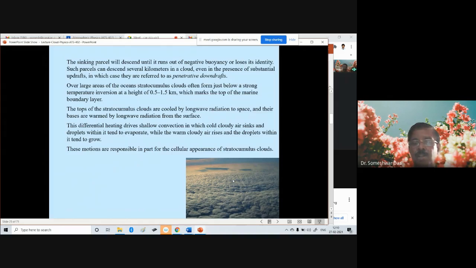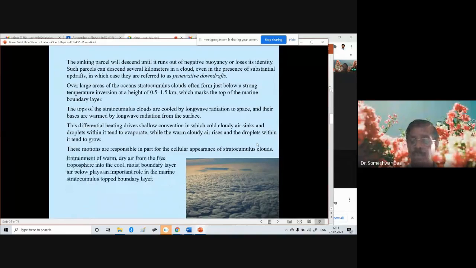They are aligned for hundreds of kilometers, and that also depends upon the wind flow pattern. And if you see it minutely, you can see some kind of cellular structure here, and that's because the upper part is sinking and the lower part is rising, because of the warming from the base and cooling at the top. So these motions are responsible in part for the cellular appearance of stratocumulus clouds.